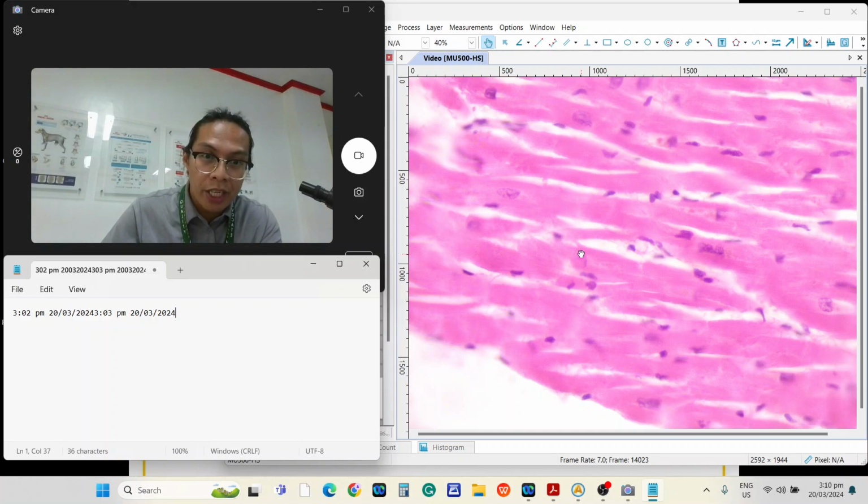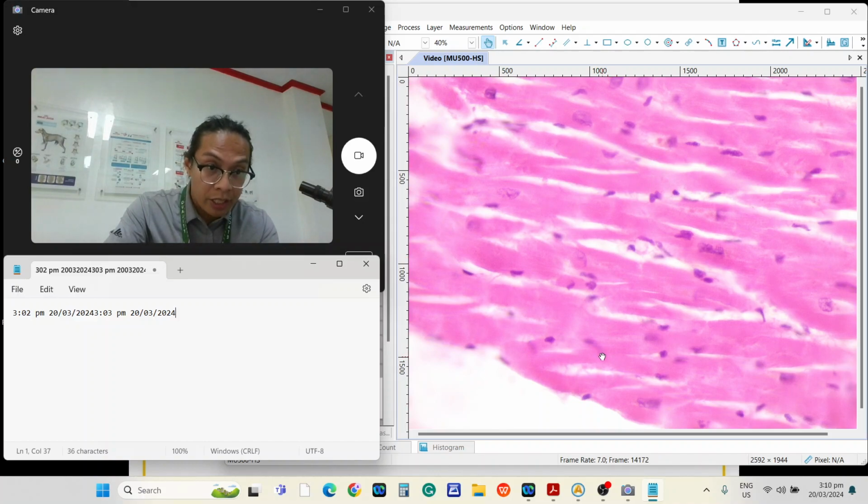Also, may makikita tayo kagaya nito. And ito, darkly staining talaga. Those are the intercalated discs. So those intercalated discs define the boundaries of each cell.